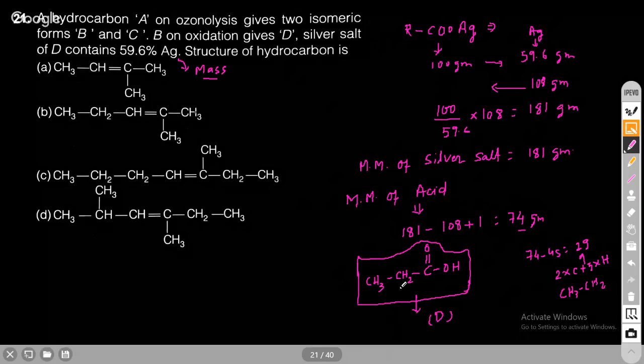Now, since B on oxidation gives D, and D is an acid, B must be an aldehyde. And what is the formula we can write? CH3CH2CHO, aldehyde.